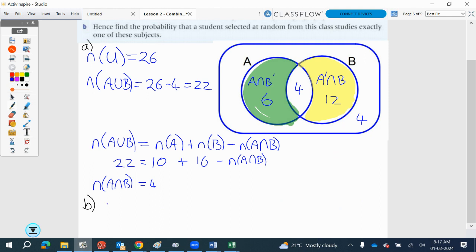So we want the probability of one subject only. So we need the number of elements in this green set and this yellow set, 18 over 26. We simplify, what do we get? 9 over 13.